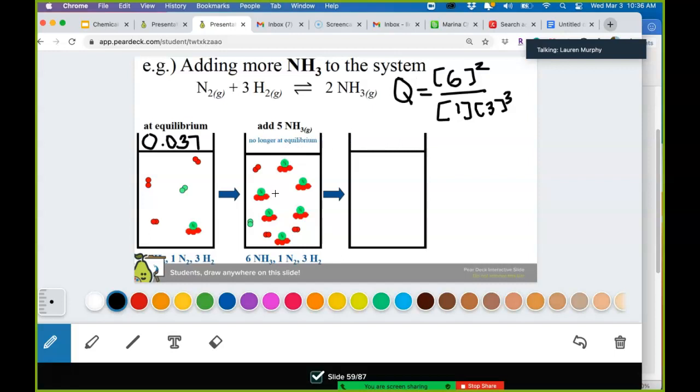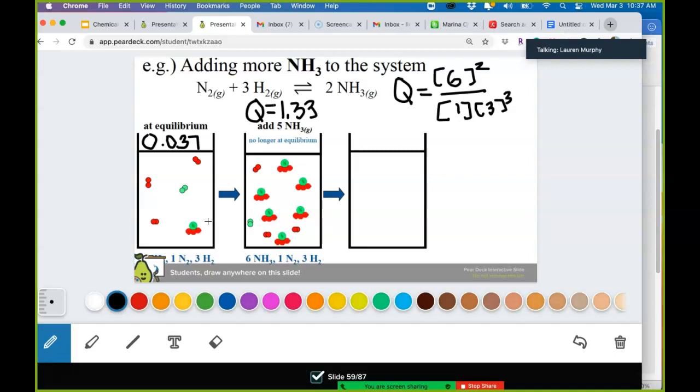So this is Q because I'm not at equilibrium anymore. Why? Because I just disturbed it. I got Q equals 1.33.